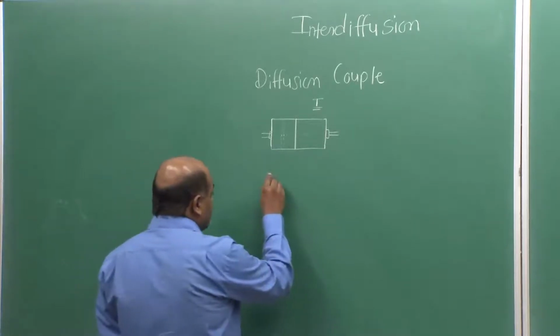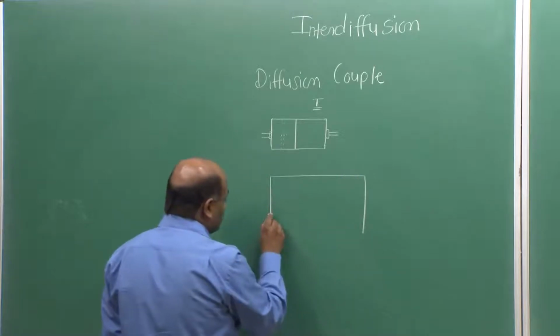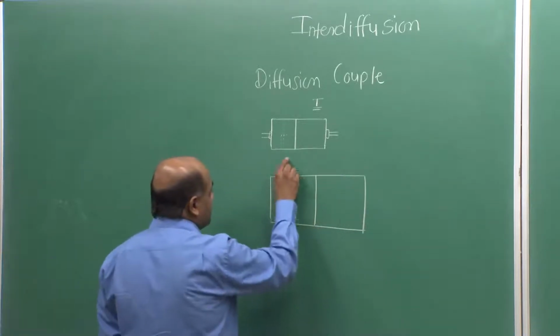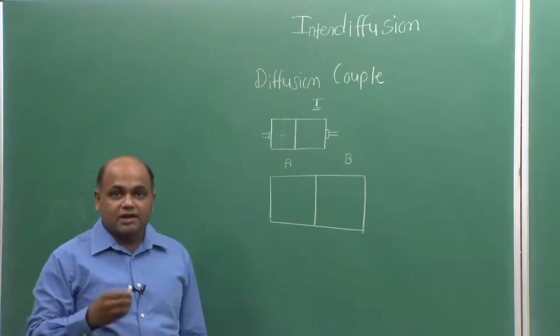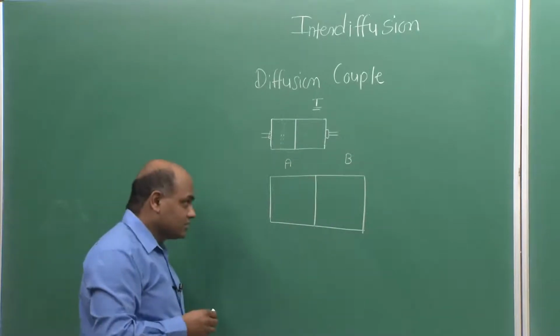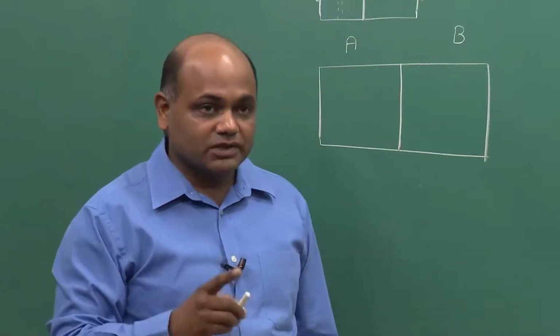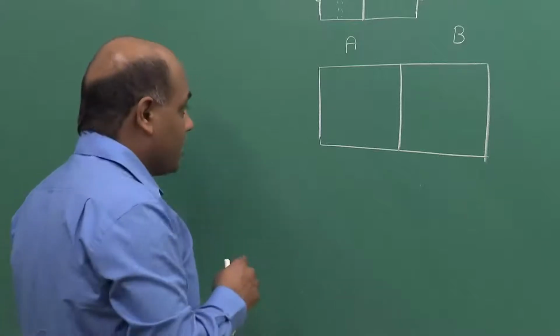Suppose we started with two different alloys A and B. Let us first consider a binary alloy. So, just one concentration variable is sufficient to define the composition of each individual alloy block.